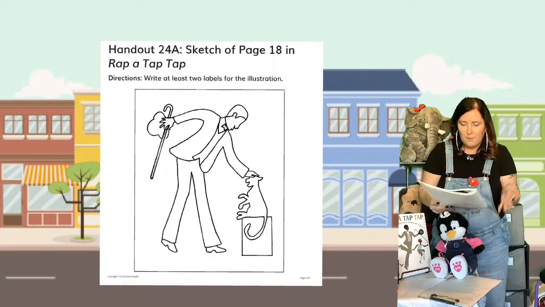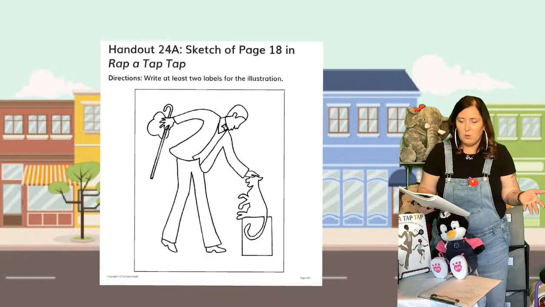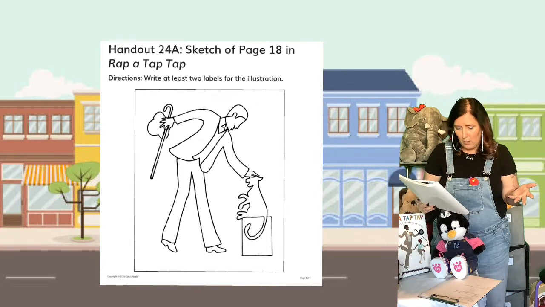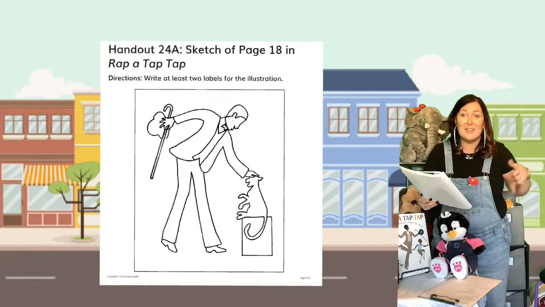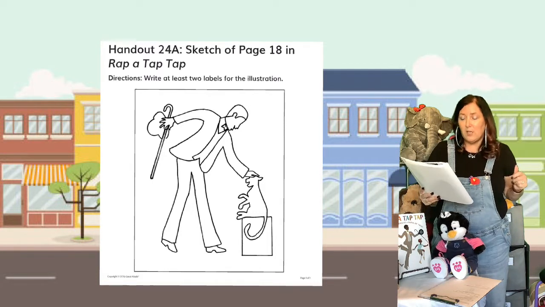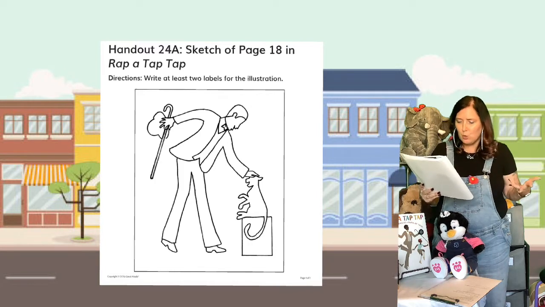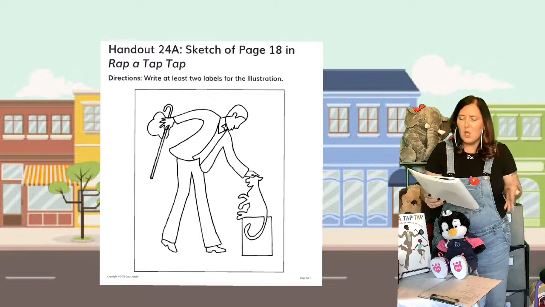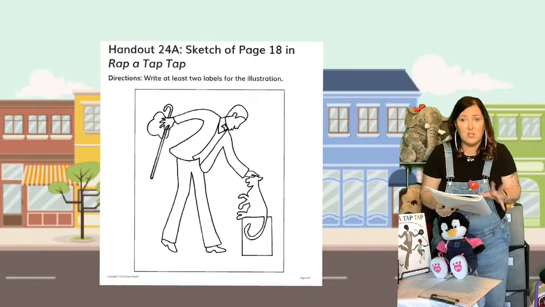So you can label all the things that you know in this picture. Like you could try to write maybe cane, he's carrying a cane, or hat, he has his hat in his hand, or jacket, bow tie, hair, pants, shoes, cat, box. There are so many parts of this picture that you could label.